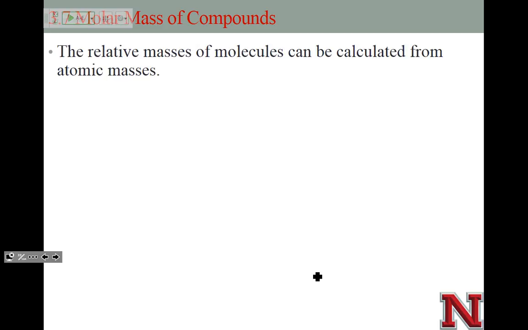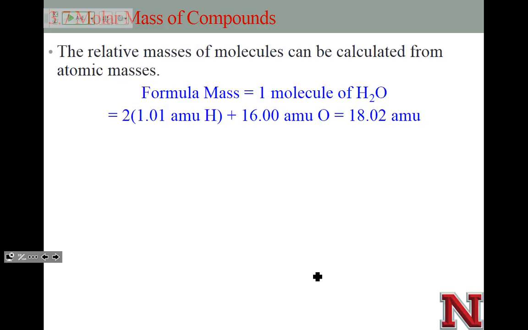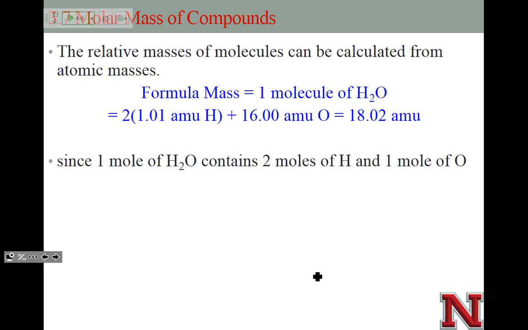So they can be calculated from our relative masses of molecules, because remember, if our atomic mass of hydrogen on the periodic table is telling us for every 1.01 grams of hydrogen, that's how we have 1 mole of hydrogen, then we can do the same thing with our atomic mass.